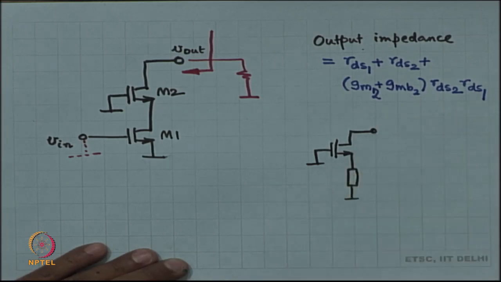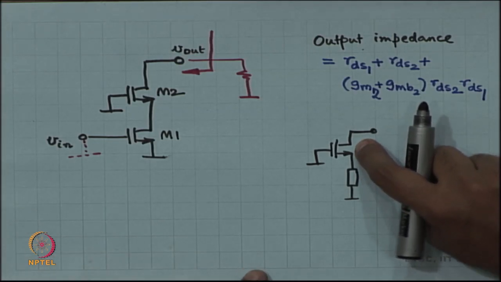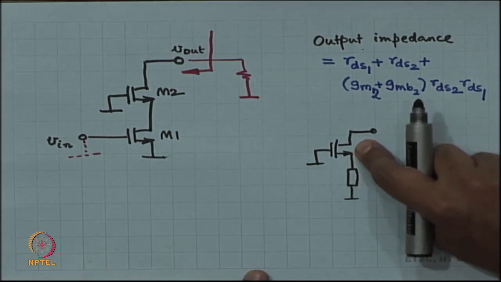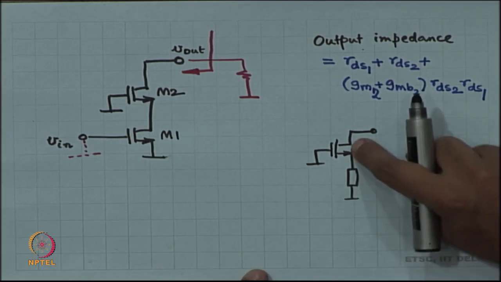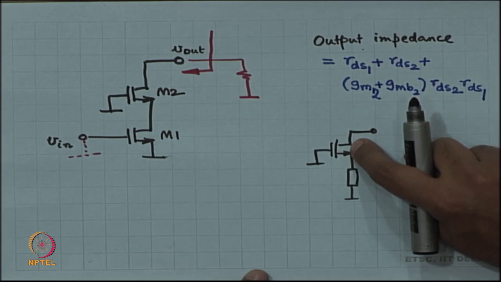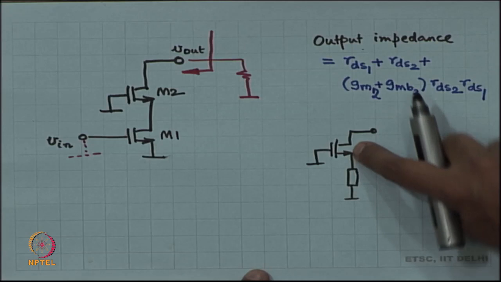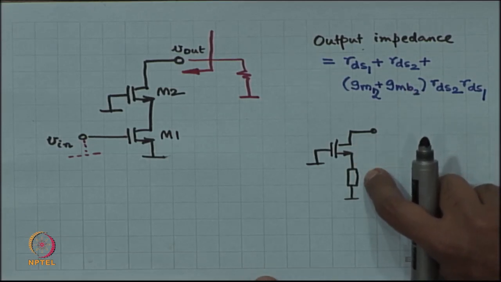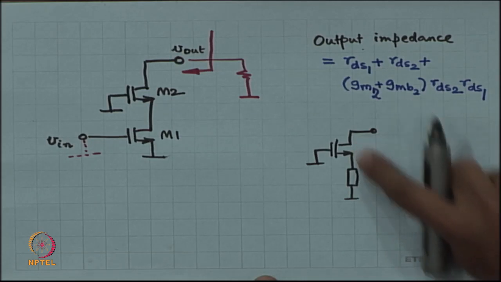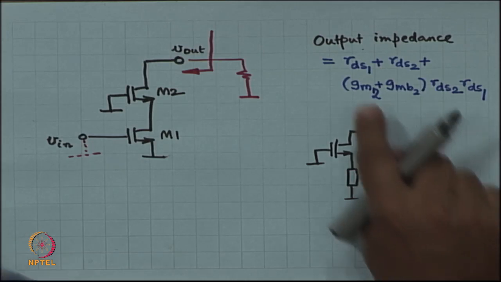So, when I look in from outside, I see GM of this MOSFET times RDS of this MOSFET times this resistor plus RDS of this MOSFET plus this resistor. Okay. So, intrinsic gain of this MOSFET times this resistor plus RDS of this plus this resistor. That is exactly what I did.